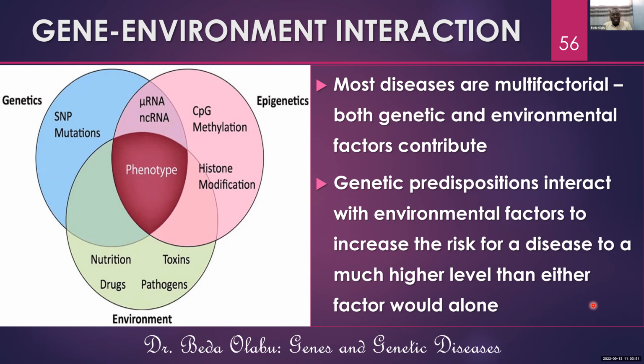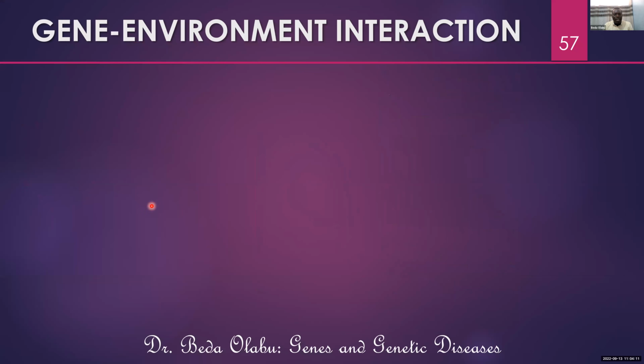Left alone, the genetic disorder alone may not give you that disease, and the environmental exposure alone may not give you that defect. But when they work together, they give you those diseases even at higher levels. So that's the message I want you to get from that particular slide.